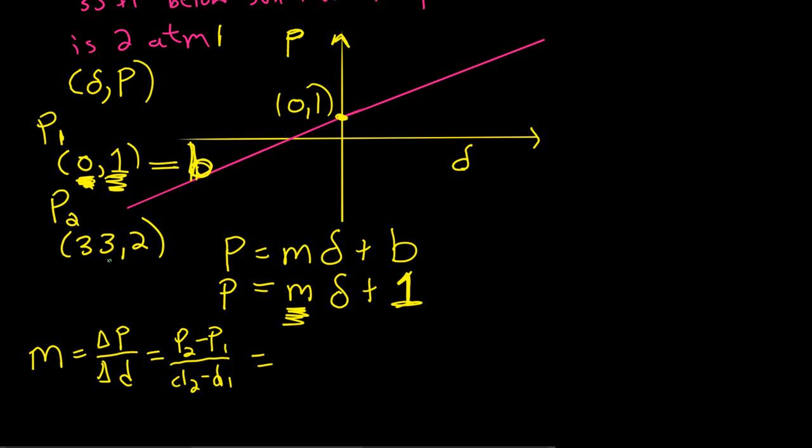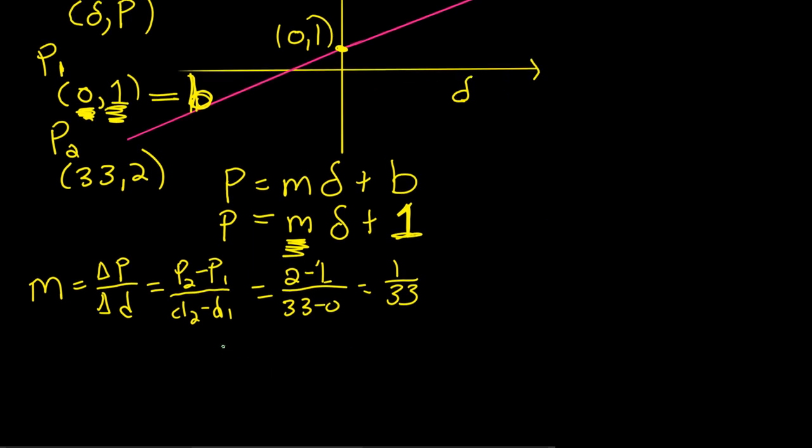And so 33, my P2 is 2 minus 1, right, because there's my 2 minus 1, and 33 minus 0. Or 1 over 33. And we have found an equation for our pressure with depth.